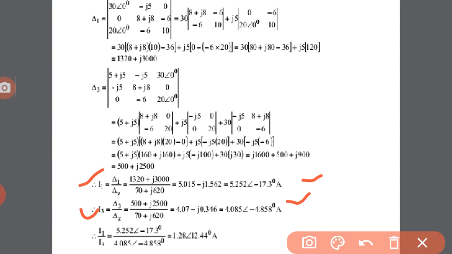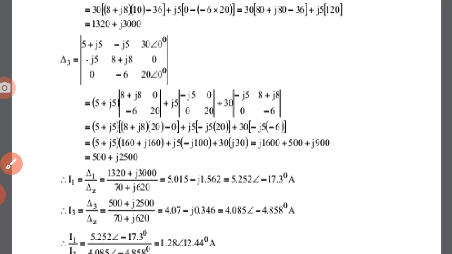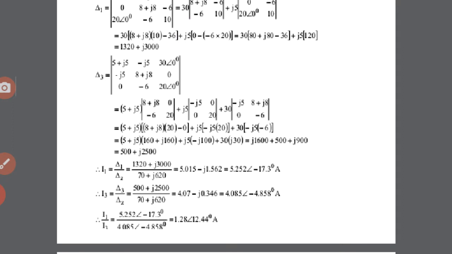Then note down the ratio I1 by I3, replace the values we get, and that is equal to 1.28 angle 12.44 degrees.